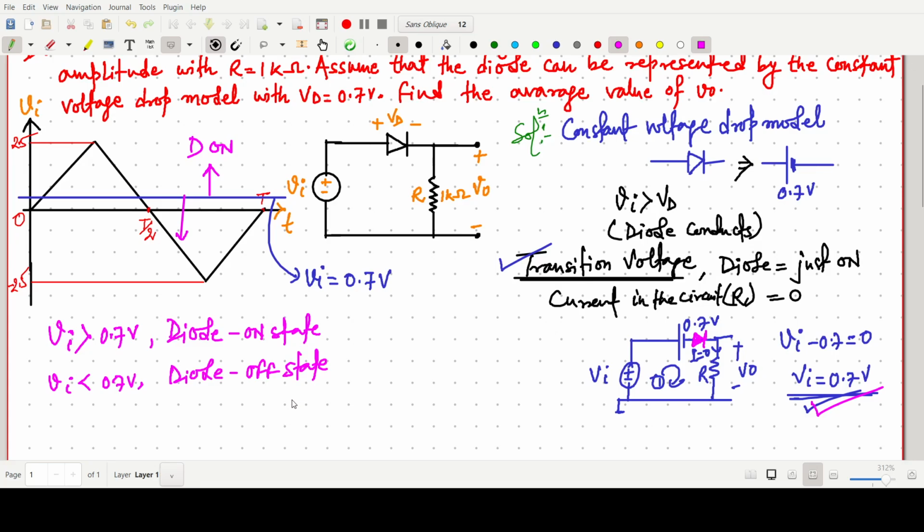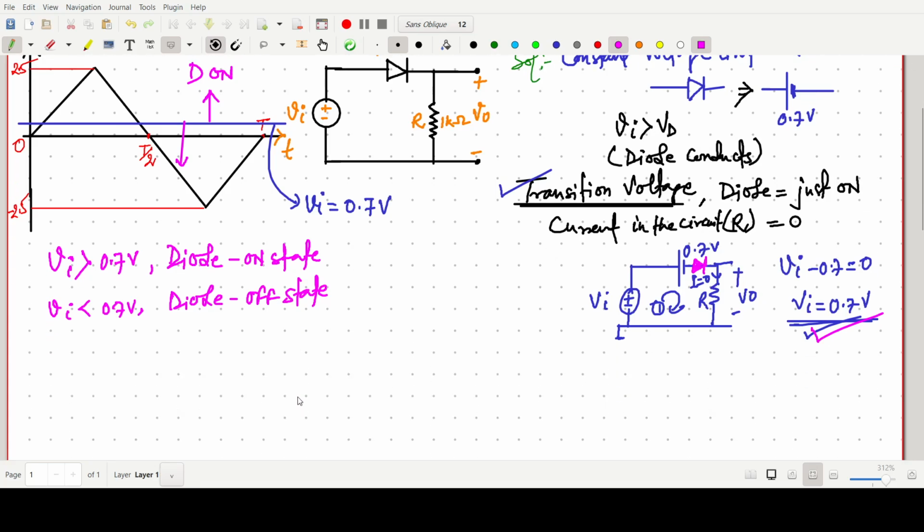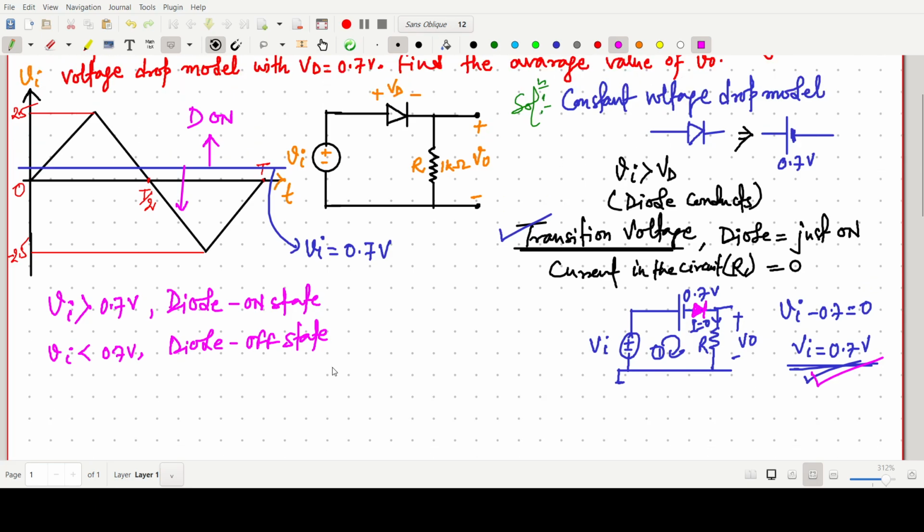The diode is on. When the diode is on, what should be the output voltage? We can write KVL in loop 2.